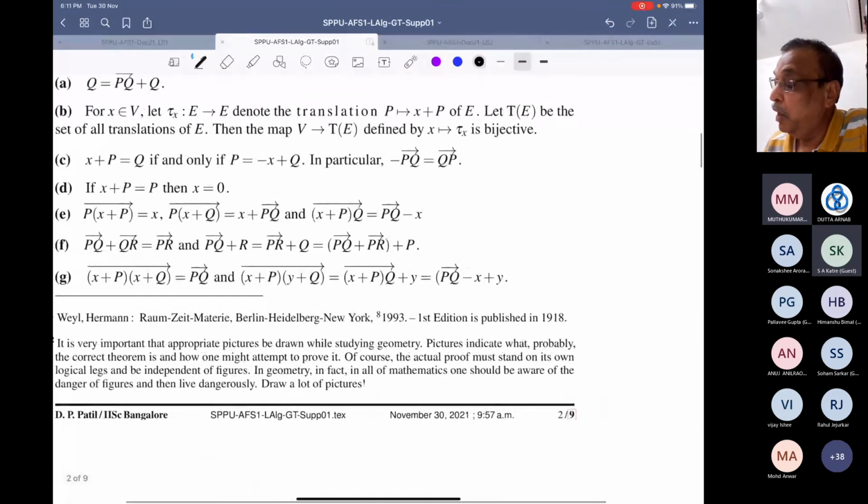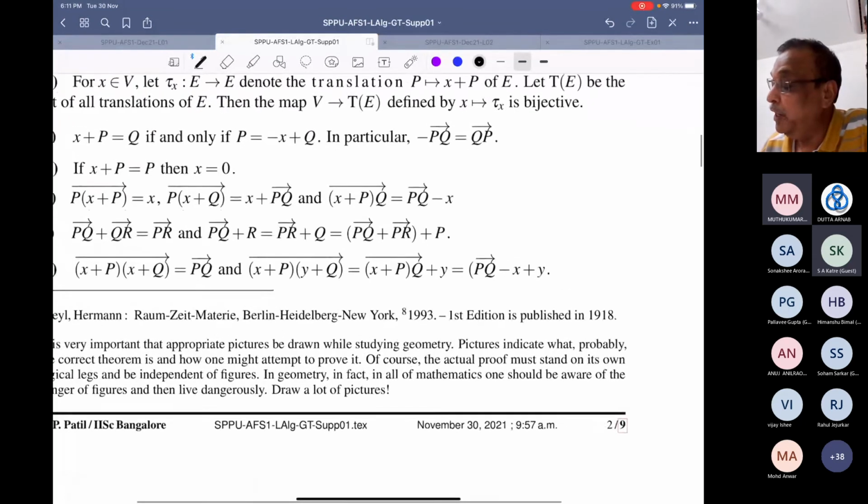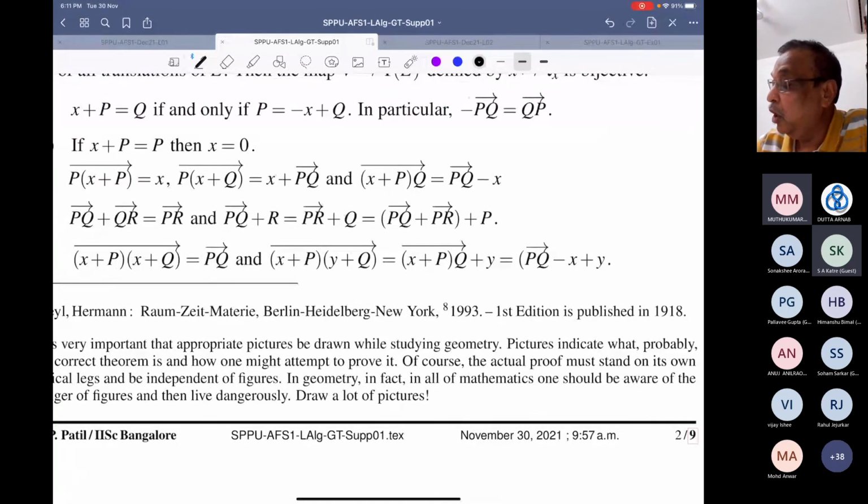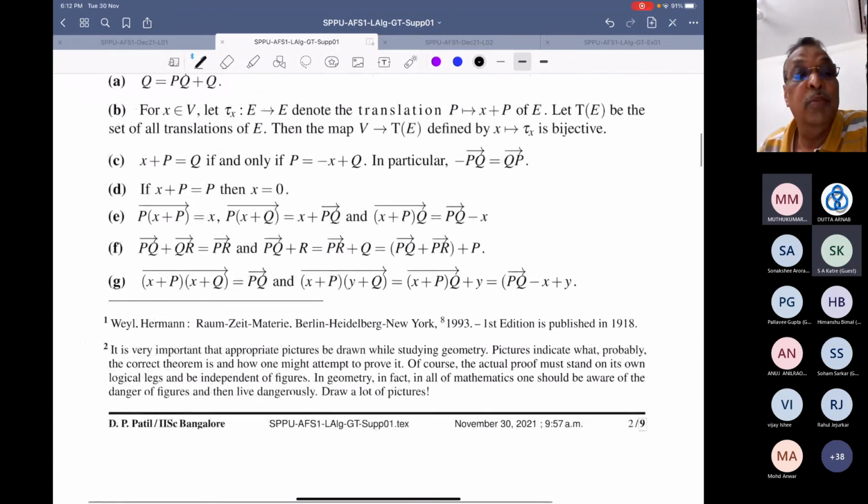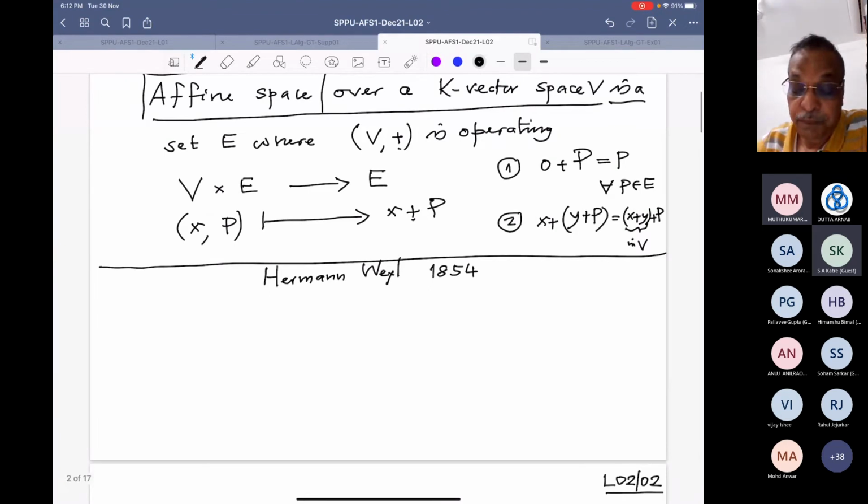See here, Weyl Hermann. Can you read it? Yes, yes. This book. This is the 8th edition. So originally it was written in 1918. Physics people, for them it is very important because it talks about the theory of relativity and so on. All right, so we will come back to this more.